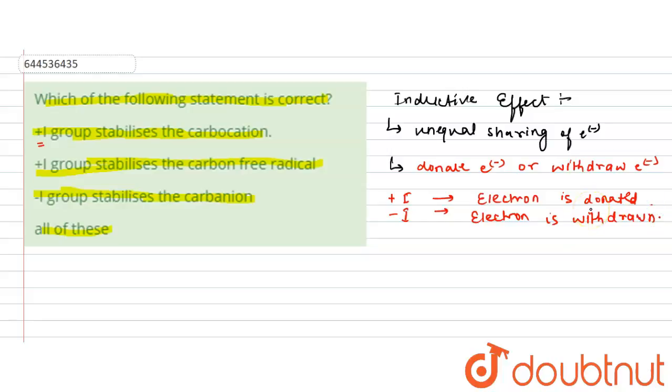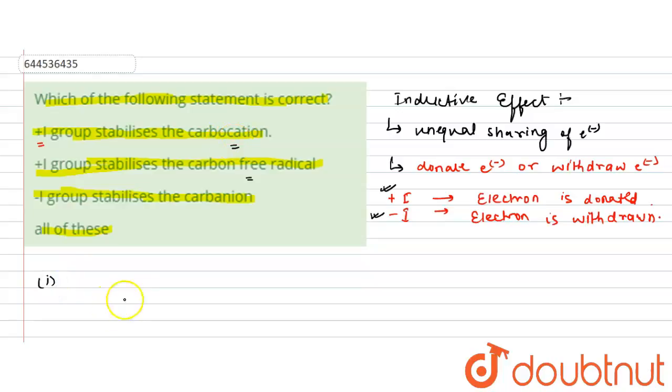When electron is donated by some group towards some center, in a carbocation there will be a positive center, in a carbon free radical there will be an odd electron species on the carbon. If the alkyl groups are donating electrons towards those centers, then that is plus I effect, and if they are withdrawing electrons from those centers, then it's minus I effect. Now we will see the example properly.